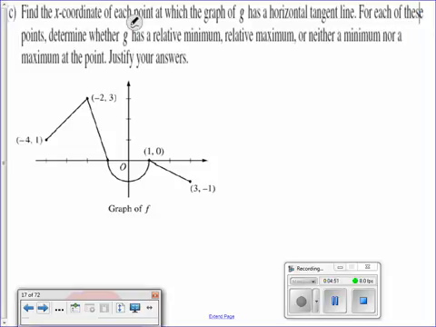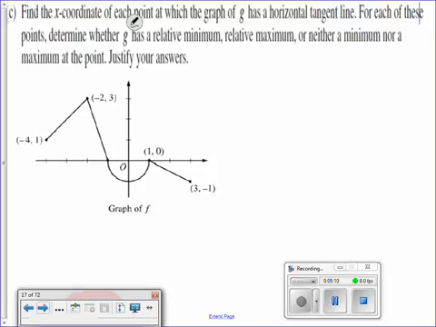Okay, 2012 part C. Find the x-coordinate of each point at which the graph has a horizontal tangent line. Okay, so horizontal tangent line means the slope of the tangent must equal what? 0. So the first question is saying, where is the derivative 0?